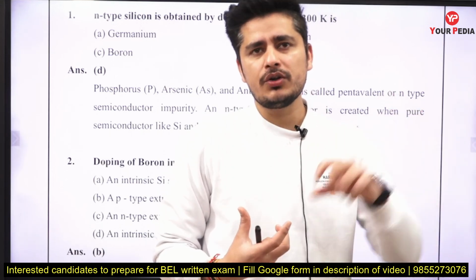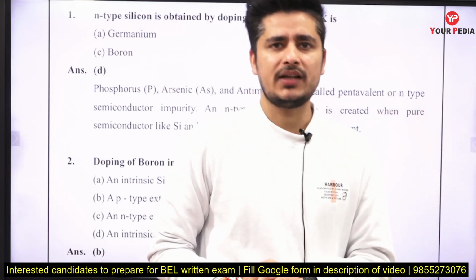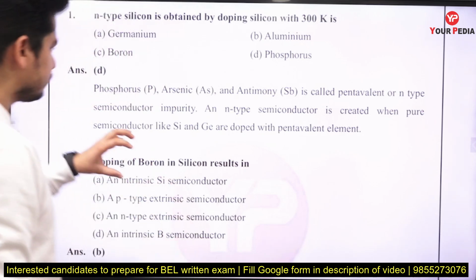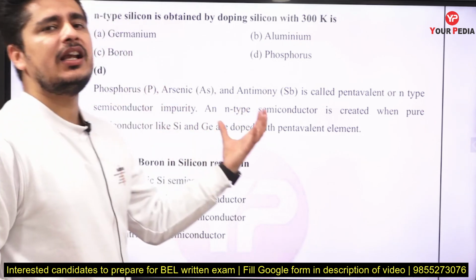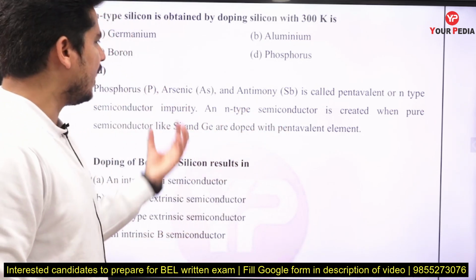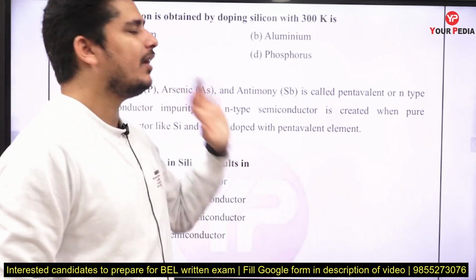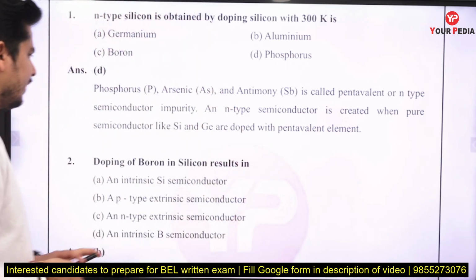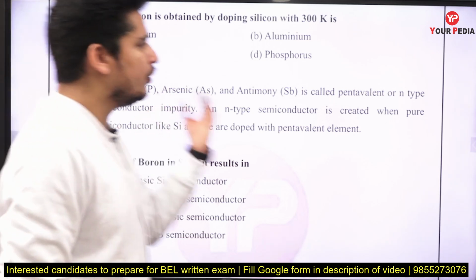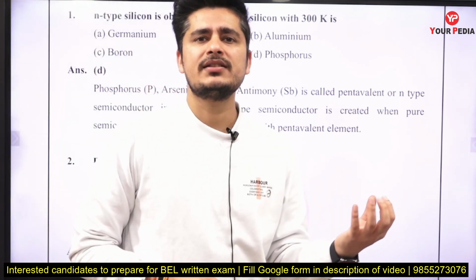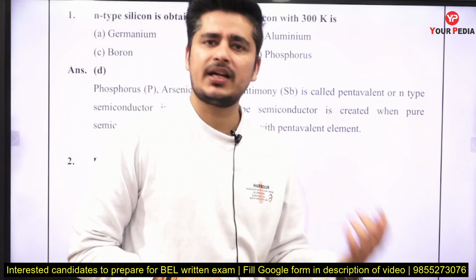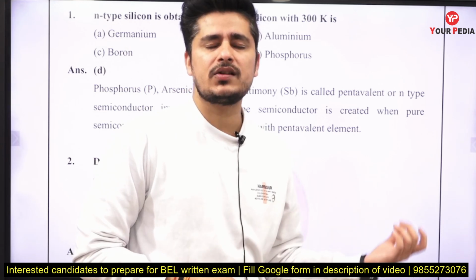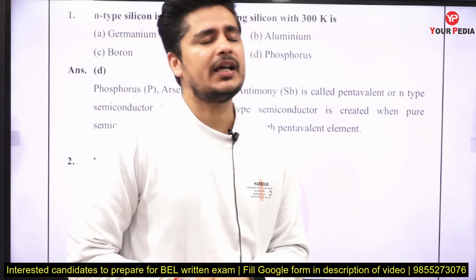So if you introduce a pentavalent atom, it will give one extra electron to your structure. That's why if you introduce a pentavalent impurity inside the semiconductor, it becomes n-type. And if you introduce a trivalent impurity inside the silicon, it becomes a p-type semiconductor.